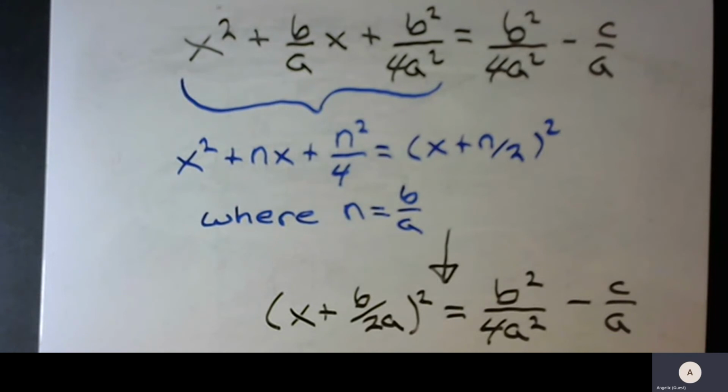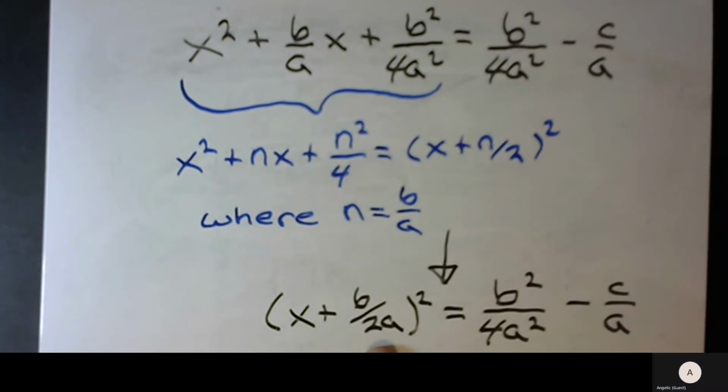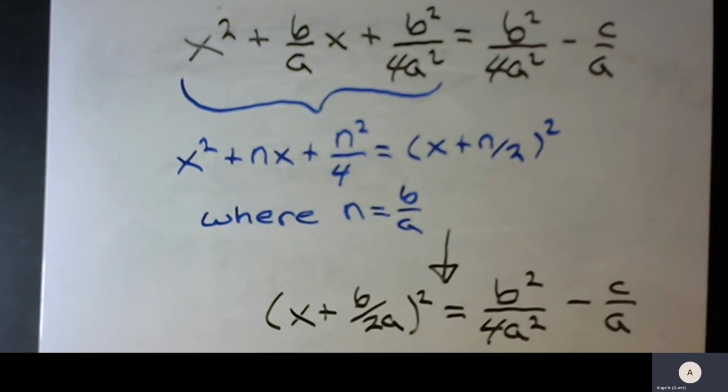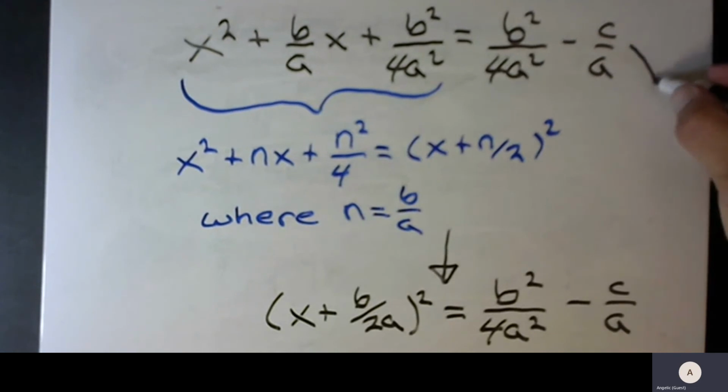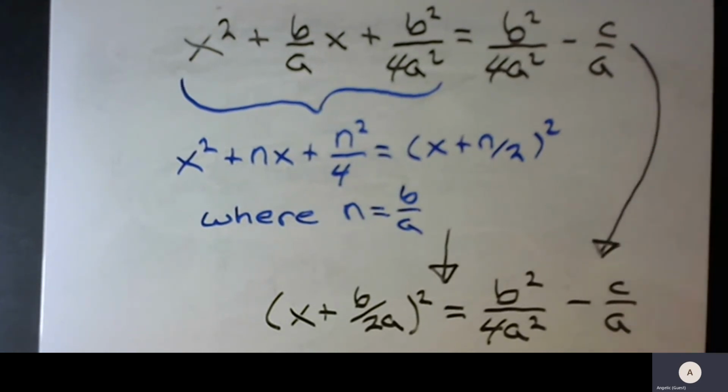Okay, so I'm at the part where you have n equals b over a, and then from there we went down and we got x plus b over 2a squared, and then b squared over 4a squared minus c over a.